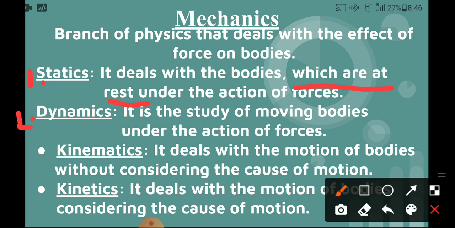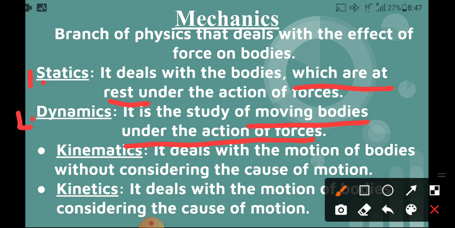It's completely contrary to dynamics, completely opposite to dynamics. Dynamics is the study of moving bodies under the action of forces. Statics, bodies which are at rest under the action of forces; dynamics, moving bodies under the action of forces.